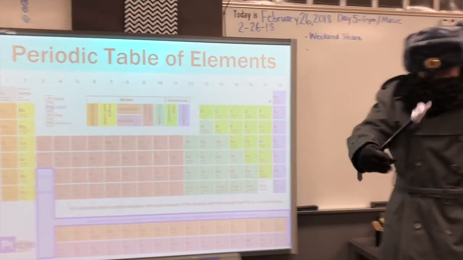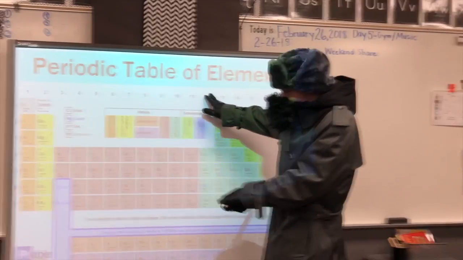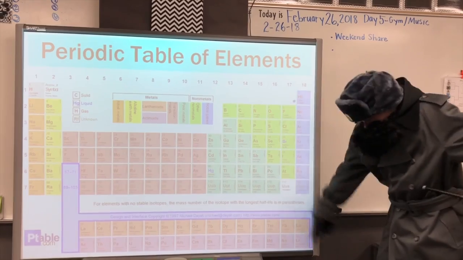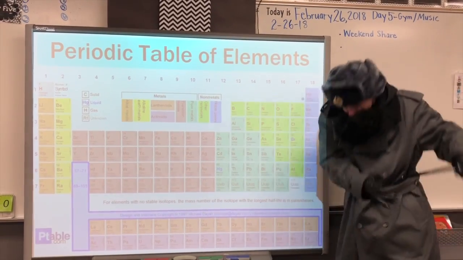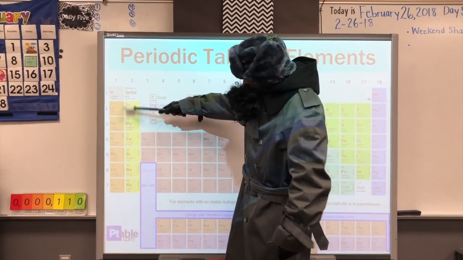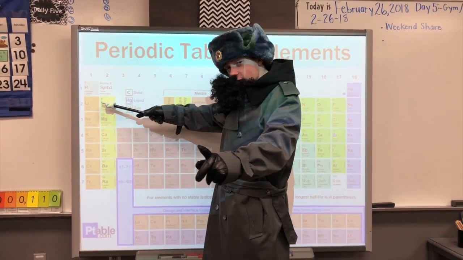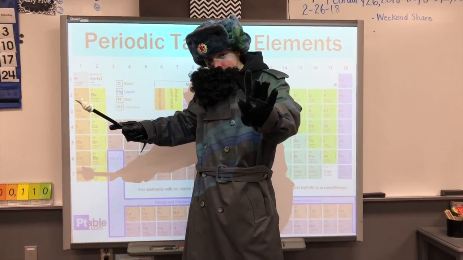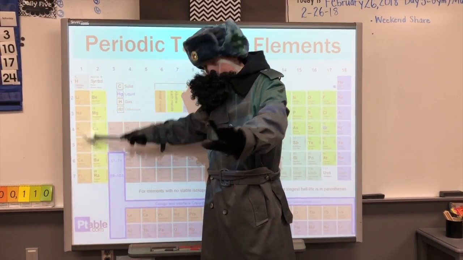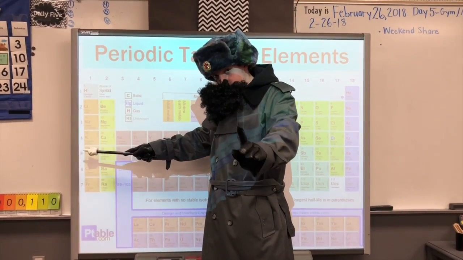Alright, so next, class, we have the groups. Now, the groups all have a number, but they're also divided into smaller groups. The first group is right here. These are the alkali metals. Then we have the alkaline earth metals. These ones are very, very reactive, for they only have one valence electron.